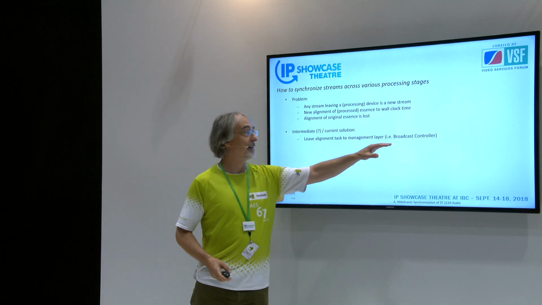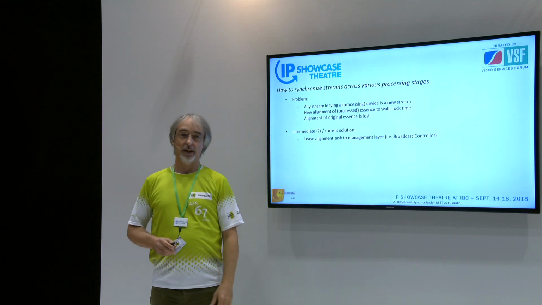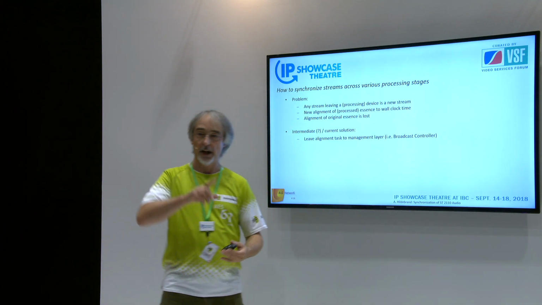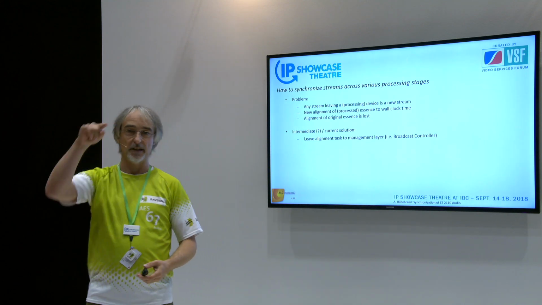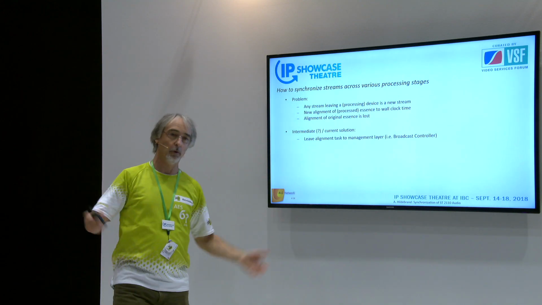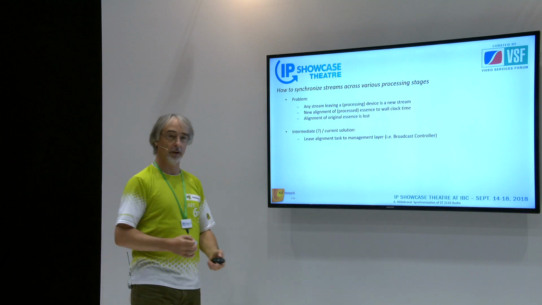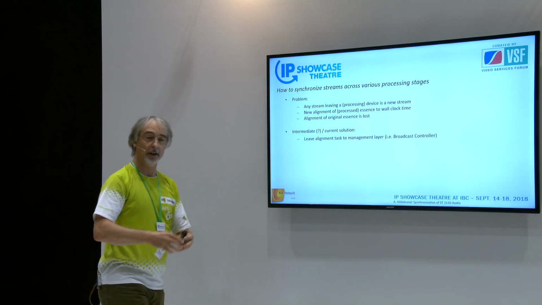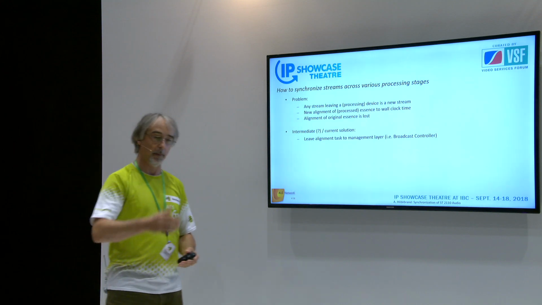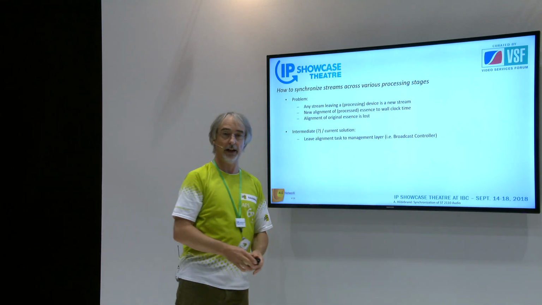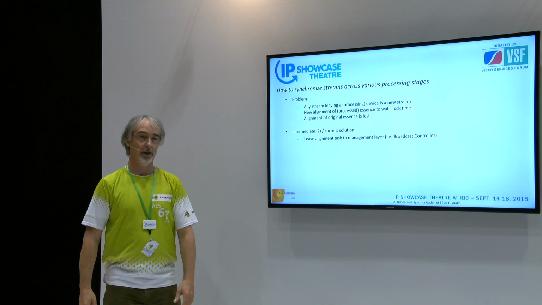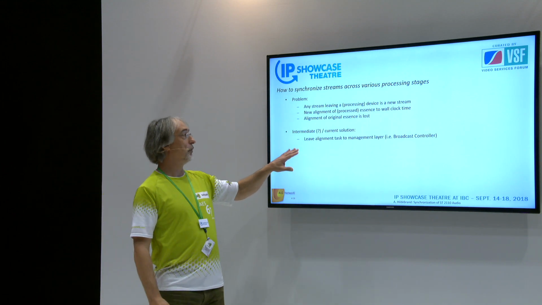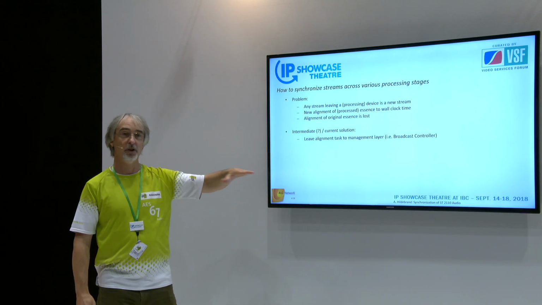Or let the processing devices tell a broadcast controller, okay, my resilience delay of essence is 2 milliseconds. So the broadcast controller knows and has to tell the downstream devices, when it comes to setting up the playout delay, these particular values in order to have a full alignment of streams again. So what we do for now is we leave this to a management layer.